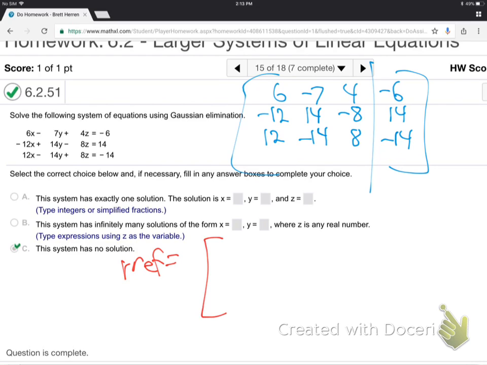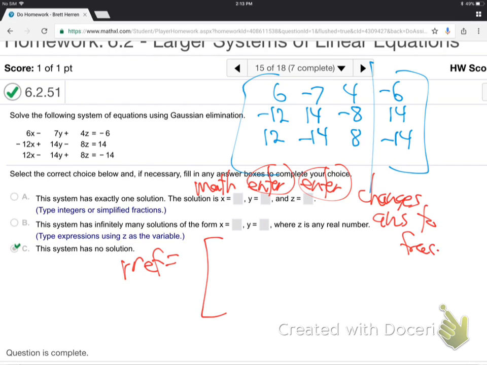So this time, I hit math, enter, which changes the answer to fractions, right? So what do we got? 1, -7, 6, 2/3, 0, 0, 0, 0, 1, 0, 0, 0, 0.